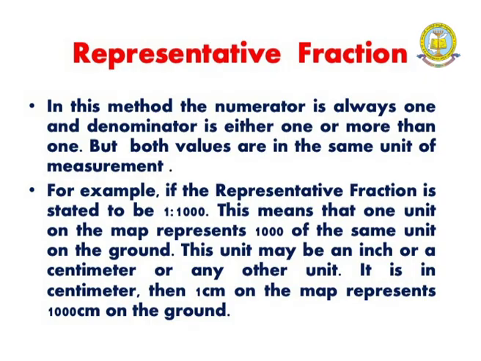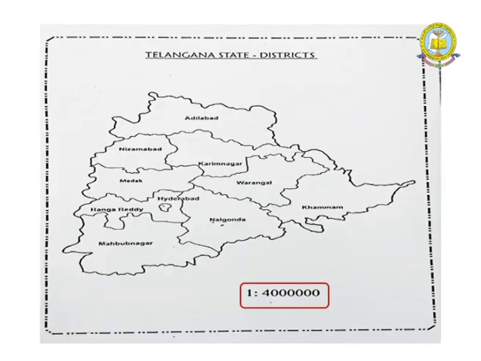For example, if the representative fraction is 1 is to 1000, this means that 1 unit on a map represents 1000 of the same unit on the ground. This unit may be inch or centimeters or any other unit. For example, on a map like this with 1 is to 4 lakhs, the distance between Dr. B.R. Ambedkar University and Osmania University can be measured.